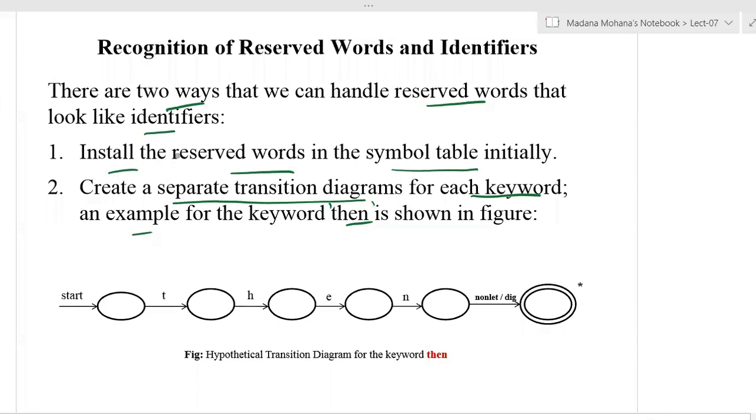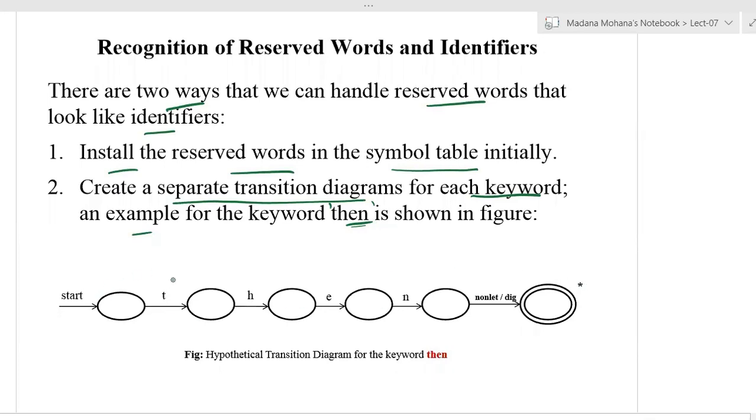The following example shows the transition diagram for the keyword then. Here you can see, whenever you are drawing transition diagram for keyword, each and every letter in the keyword can be labeled in one edge.